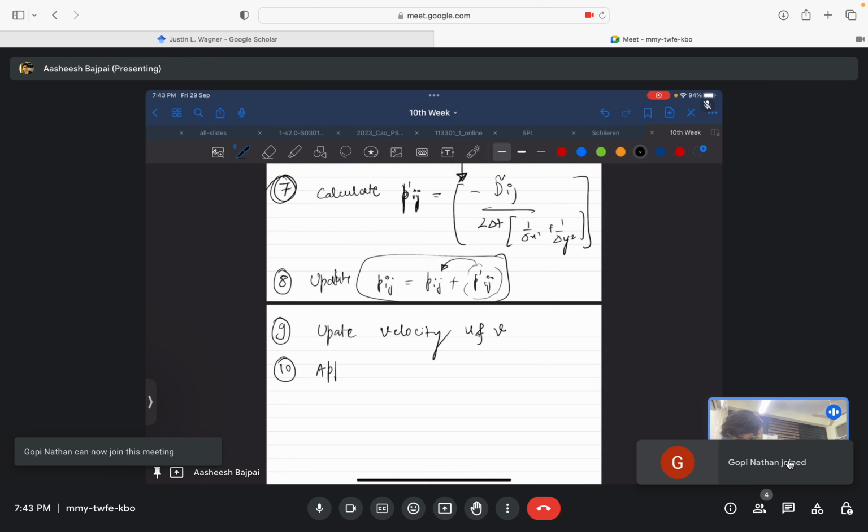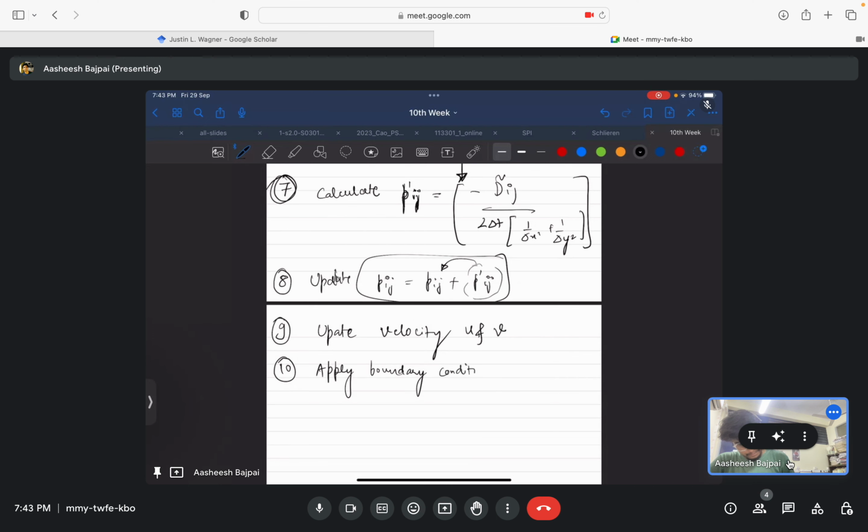And then, as the 10th step, we will apply the boundary conditions. When you think again and again in the iterative sense, then you will understand what I am trying to say, if you are not getting it properly.